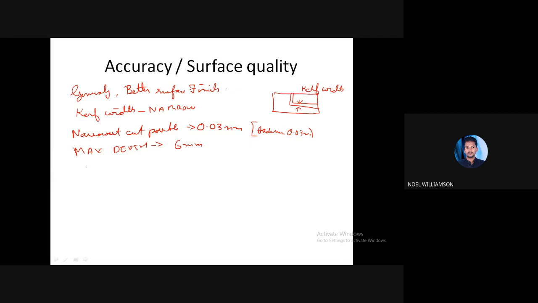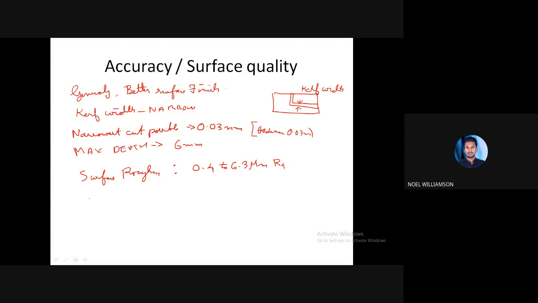And we can say the range of surface roughness values is 0.4 to 6.3 micrometer Ra value.